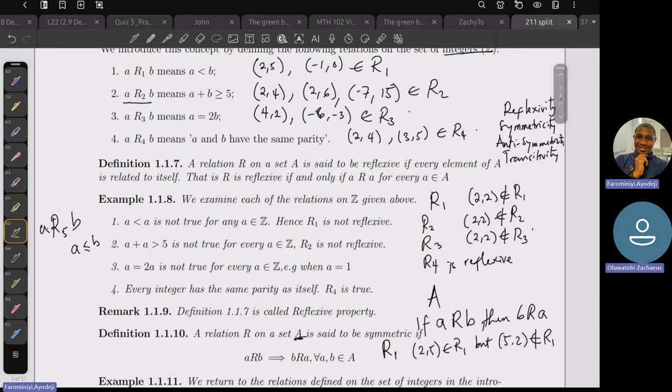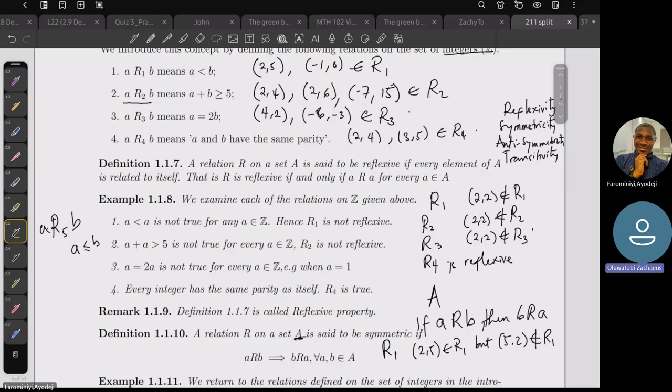Good. It is reflexive because every integer is less than or equal to itself. Is it symmetric? No, sir. Can you give a counterexample?